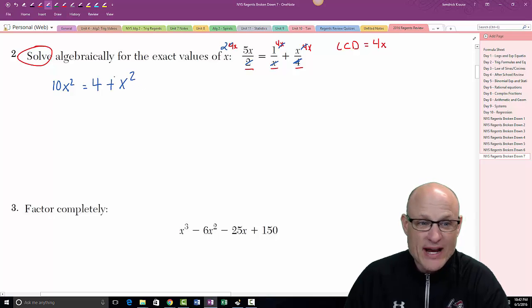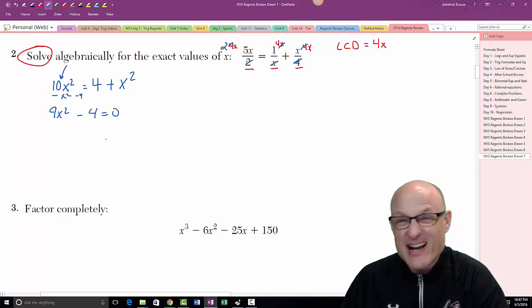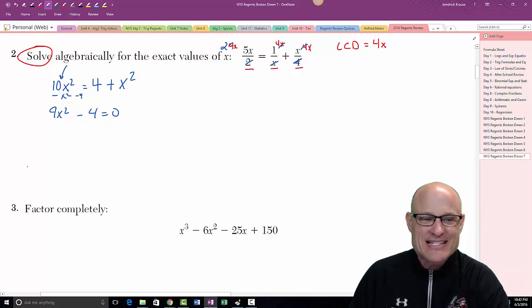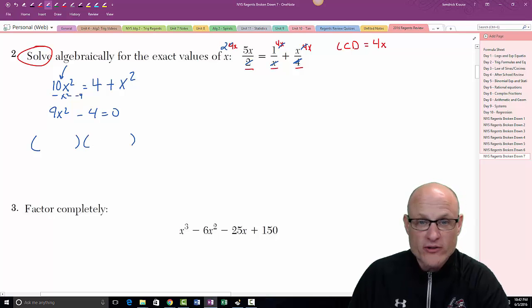So this is a quadratic. Here's my biggest squares. I'm going to move everything to this side. I get 9x squared minus 4 equals 0, because I subtracted the 4 and I also subtracted this x squared. Well, those are a difference of perfect squares. 9 is a perfect square and 4 is a perfect square.